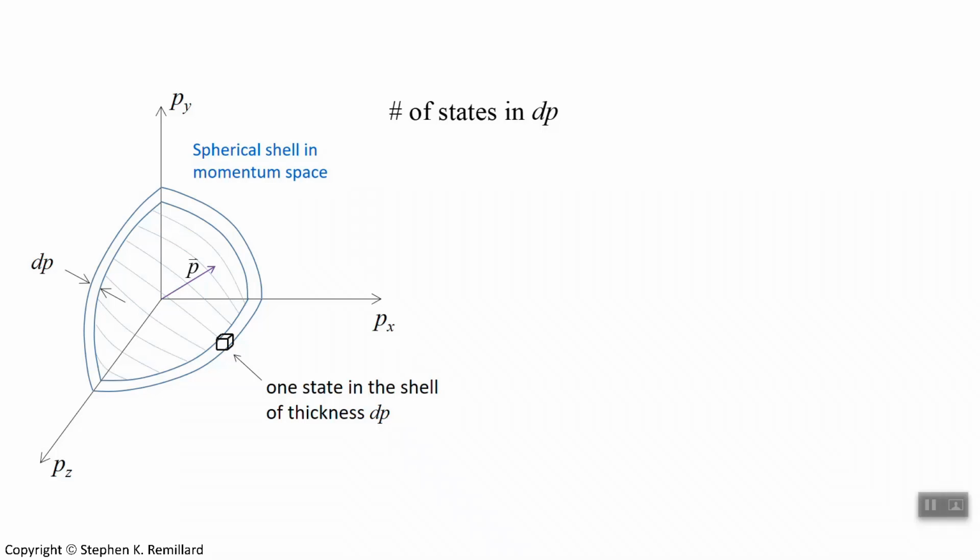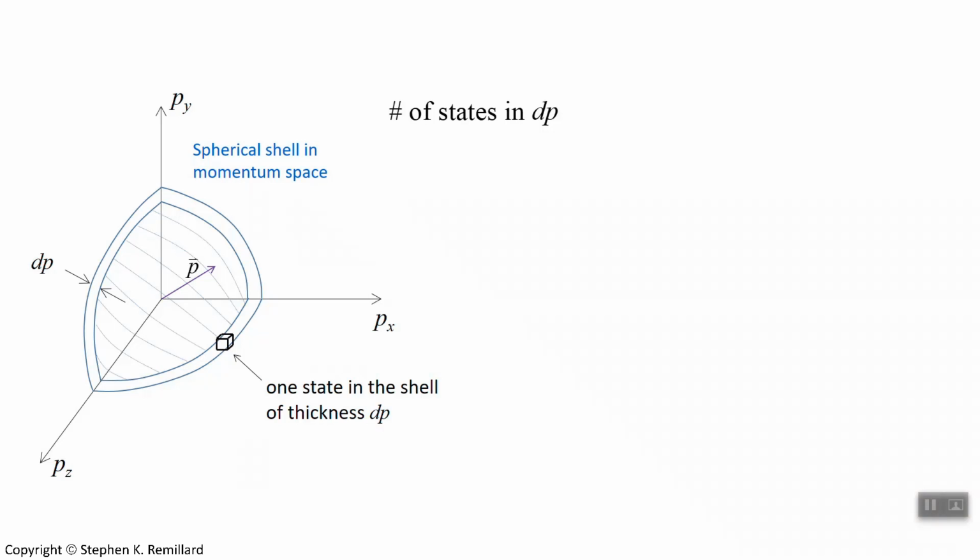And I will look at infinitesimally thin shells of that sphere, shells of thickness dp. So I'll just look at a spherical shell of one octant, because with spherical symmetry, you just have a momentum p, and I'm not really concerned then with forward or backward momentum. So we're going to just look at one octant, and I'm going to ask myself, how many states are in this shell of thickness dp?